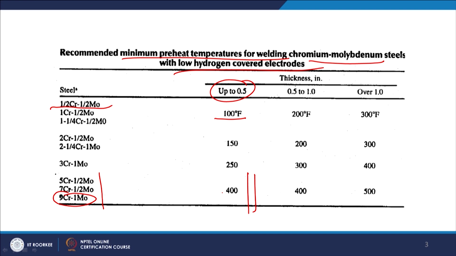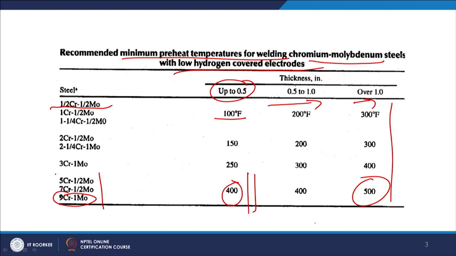So, for higher the chromium and molybdenum concentration, greater will be the preheat requirements. Likewise, higher the thickness, greater will be the preheat temperature requirements. So, 400 for up to 0.5 thickness and over 1 inch it is 500 degree Fahrenheit.